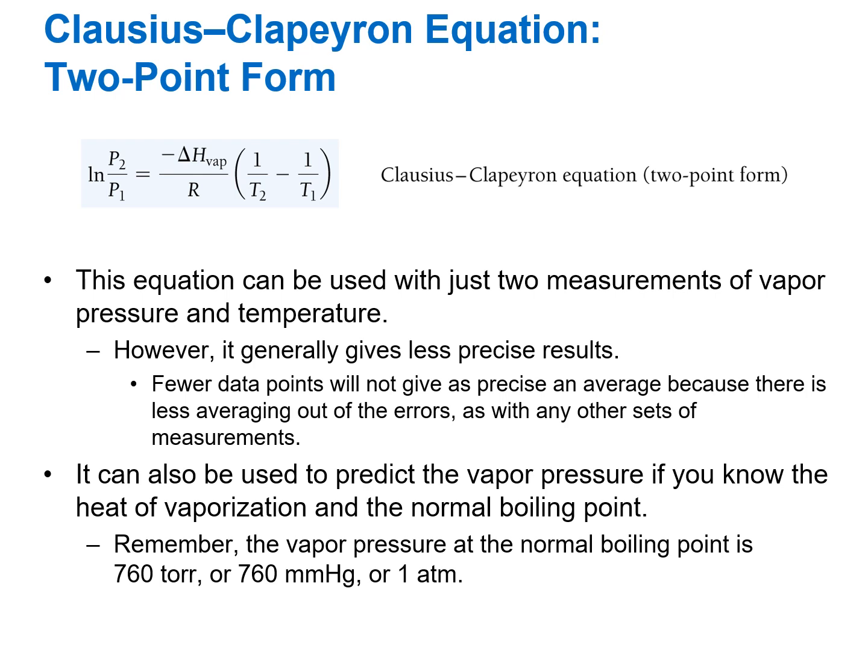So basically what's happening is that you have fewer data points, and they're not going to give as precise of an average because there's less data going into that average. But still, it is a calculation that can give you an estimation. And in fact, it is used to predict the vapor pressure as long as you know the heat of vaporization and the normal boiling point.